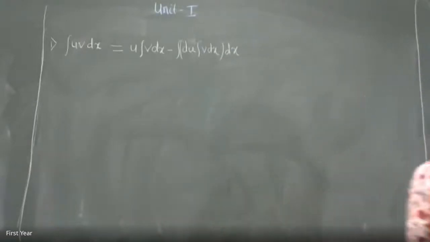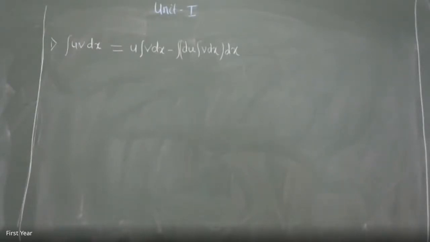This is integration by parts. Can everybody see what is written on the board? It is u integration v dx minus integration of derivative of u into integration of v, and one more time, whatever the answer of that inside function, integration of that. Is this okay? That's the formula.